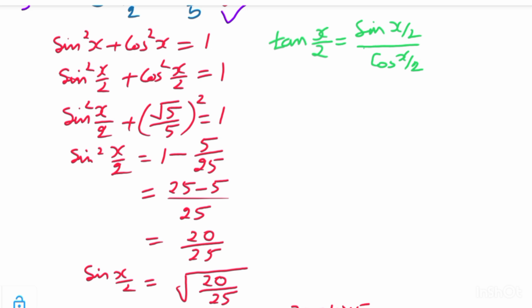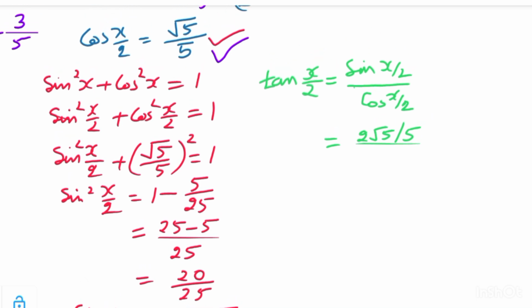Sine x by 2 is 2 root 5 divided by 5, and cos x by 2 is square root of 5 divided by 5, and this on solving will give tan x by 2 is equal to 2, right?